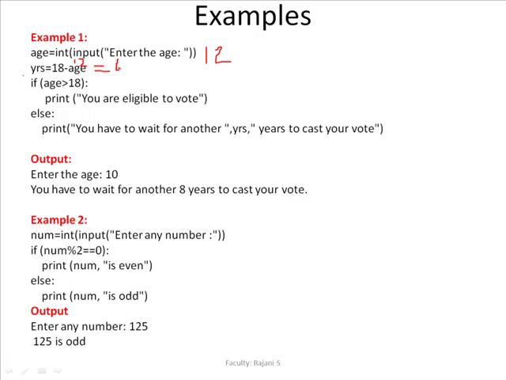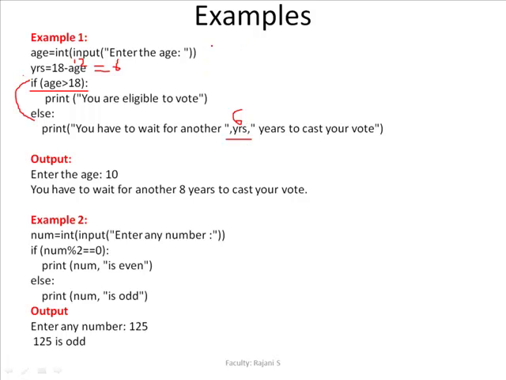So years value is 6. And then to check the condition, 12 greater than 18, this condition is false, so it will not enter into the if block. Directly we go to the else part and it displays that you have to wait for another, how many years, here in place of YRS it will take 6. So you have to wait for another 6 years to cast the vote.